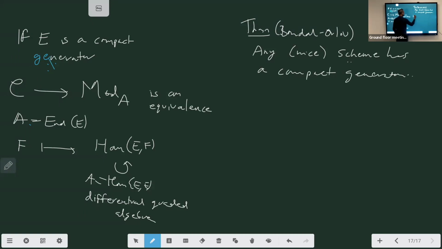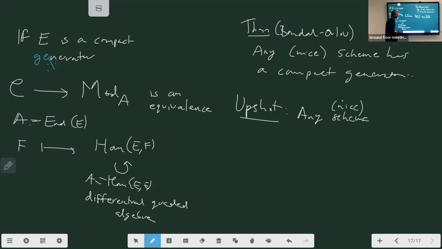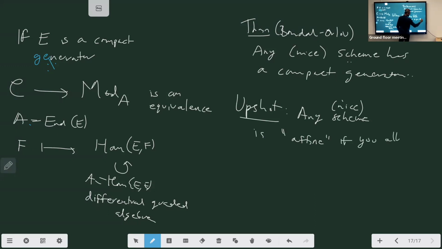So the upshot is that any scheme, nice enough, but nice is a very mild condition, is affine if you allow non-commutative rings, DG rings, differential graded rings.